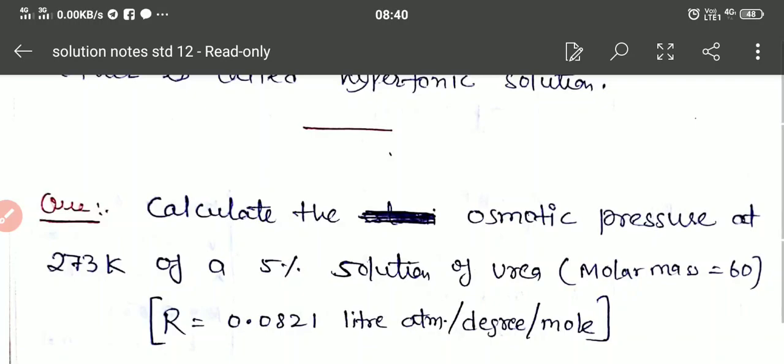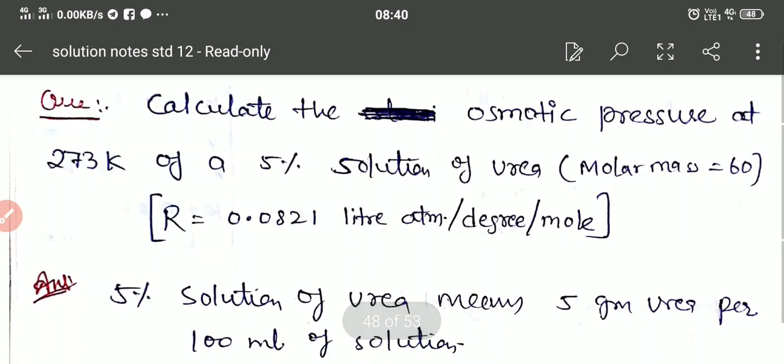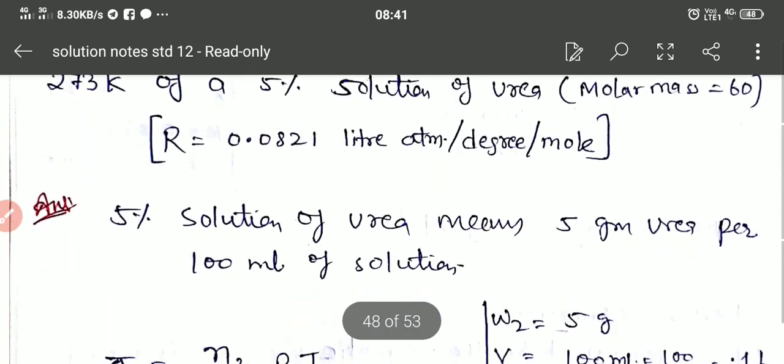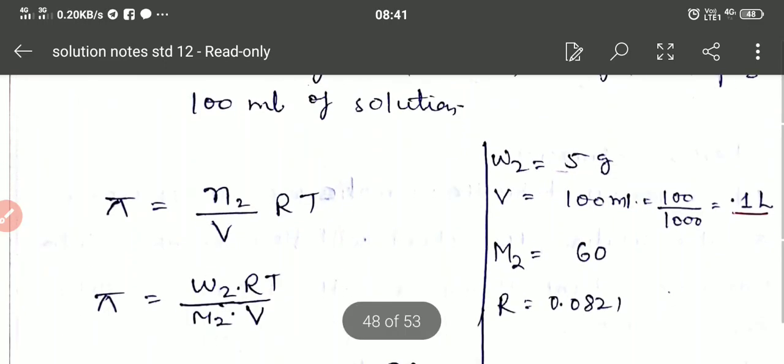Okay, now let's solve one example: calculate the osmotic pressure at 273 Kelvin of a 5% solution of urea. Molecular mass of urea is given, that is 60 gram per mole. Gas constant is 0.0821 liter atmosphere per degree mole. We have the value that a 5% solution of urea means 5 gram urea per 100 ml of solution. Now what is the equation of osmotic pressure? We know pi is equal to n2 by V RT, so pi is equal to W2RT upon M2V.